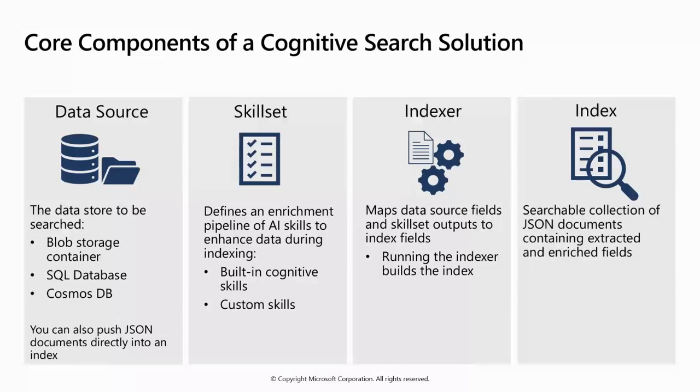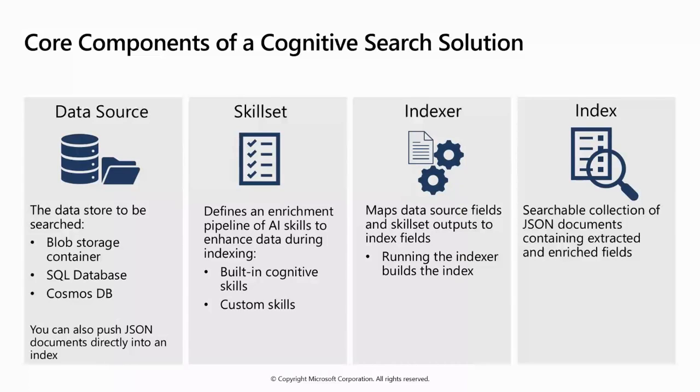Now, the indexer is the engine that powers the indexing process as a whole. It translates the outputs of the skill sets, as well as the data and metadata values collected from the original data source, to fields in the index.